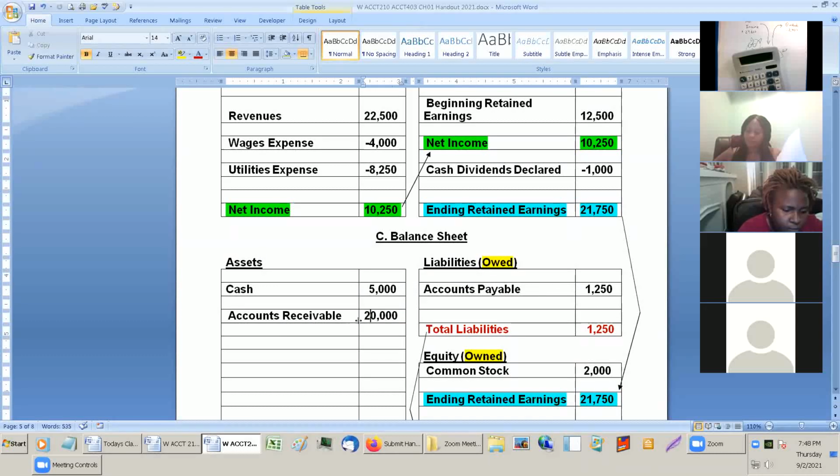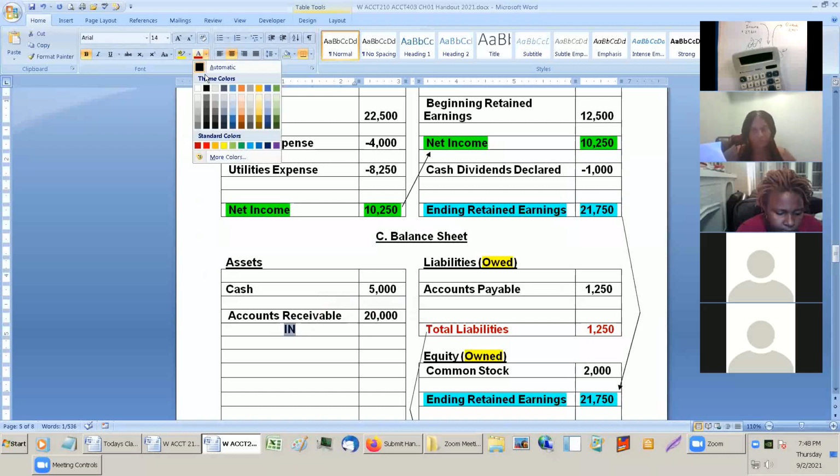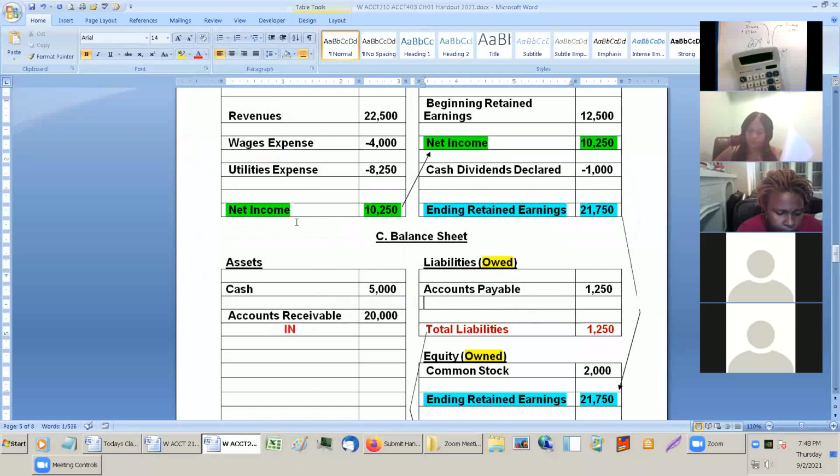So this is money coming in, and this is money going out.